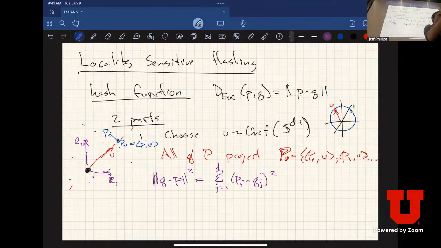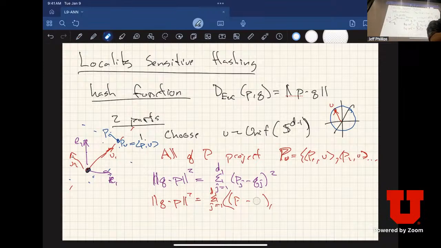So if I rotated the coordinate system, so instead this is the first coordinate and this is the second coordinate, where U1 was the random direction I picked, I can also measure this. The squared distance between Q and P is equal to the sum from J equals 1 to D of ((P minus Q) dotted with the direction UJ) squared.